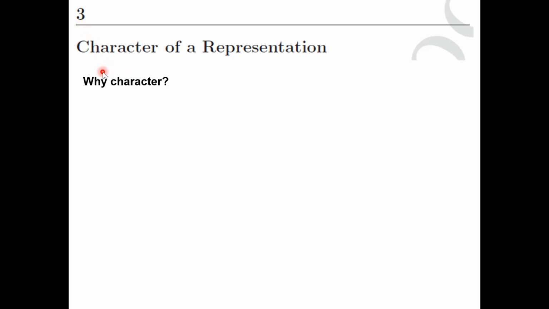Okay, so first of all, why do we want to introduce the concept of character? Characters are simply the trace of the representation. It's much simpler, and sufficient in most cases of group theory, to work not with the complete matrix representation of the group, but with the character.